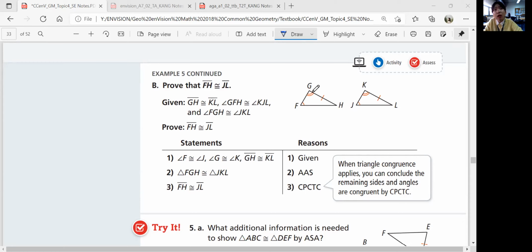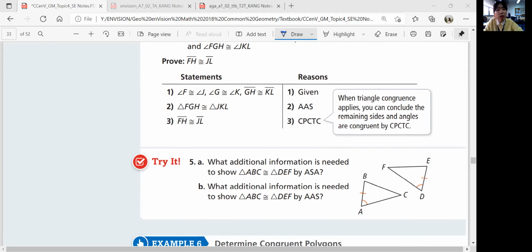Okay, we're given two angles that are congruent and a side that's congruent. So using that information, we're going to use AAS to prove that the two triangles are congruent. And by CPCTC, we're going to prove that FH is congruent to JL. And that's it. We just have 3 steps, right?